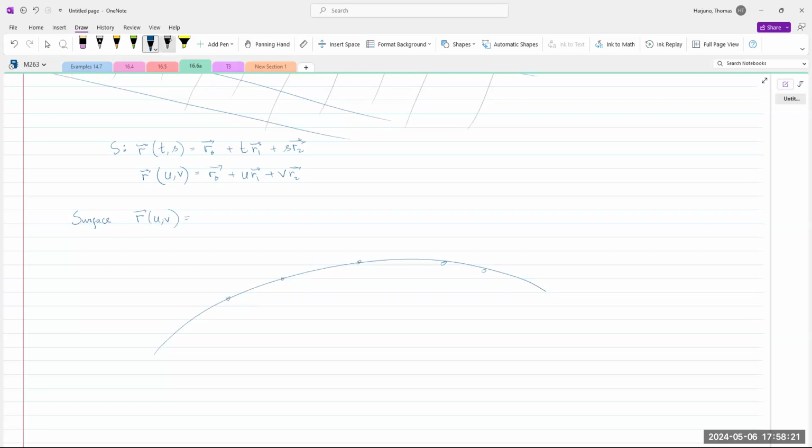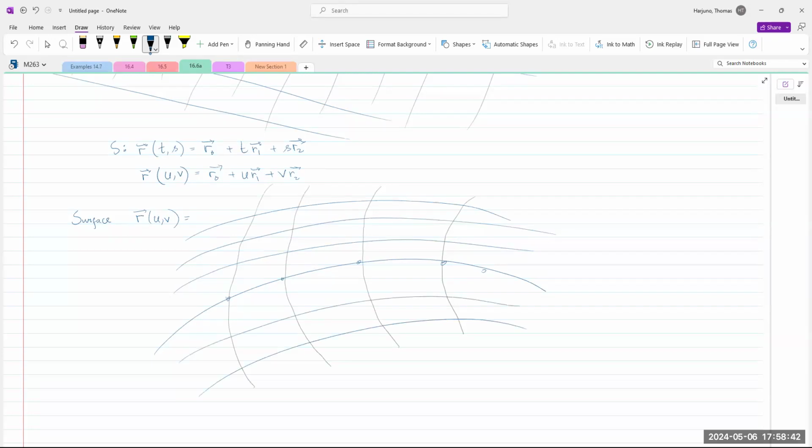But then for each of that point on that curve, you have another curve. So you still have surfaces, right? You still have surfaces, but the grids are not straight. You see that? Okay. It still gives you surface though.